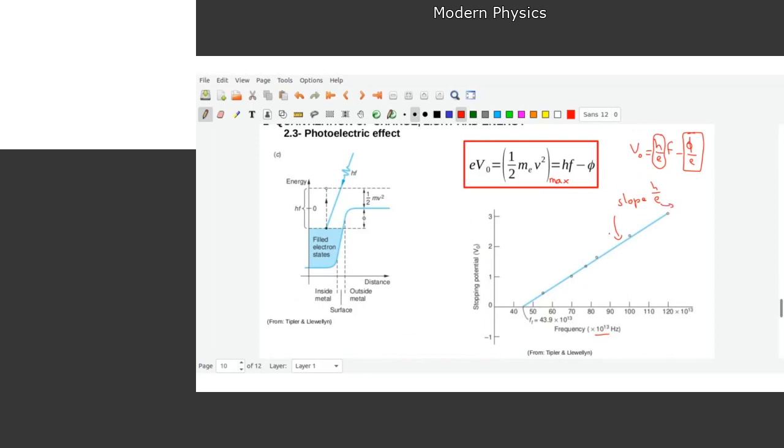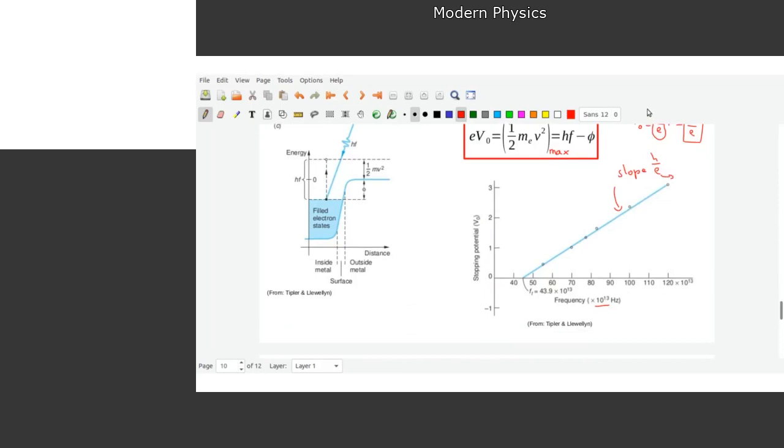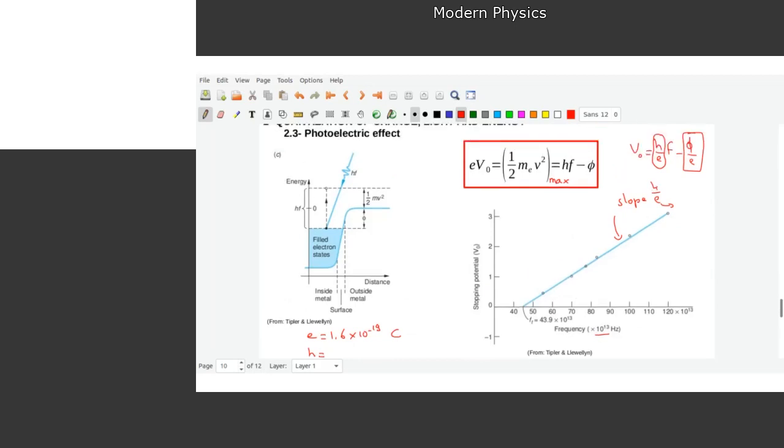Let me write these values here. e is 1.6 times 10 to the minus 19 coulomb. And for the Planck constant, we already have a value. Do you remember what the first value measured for h was?